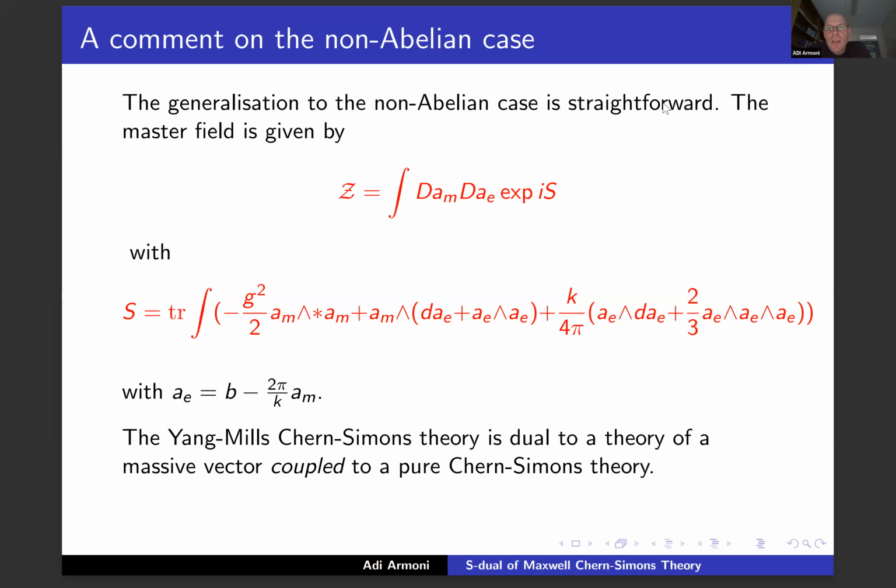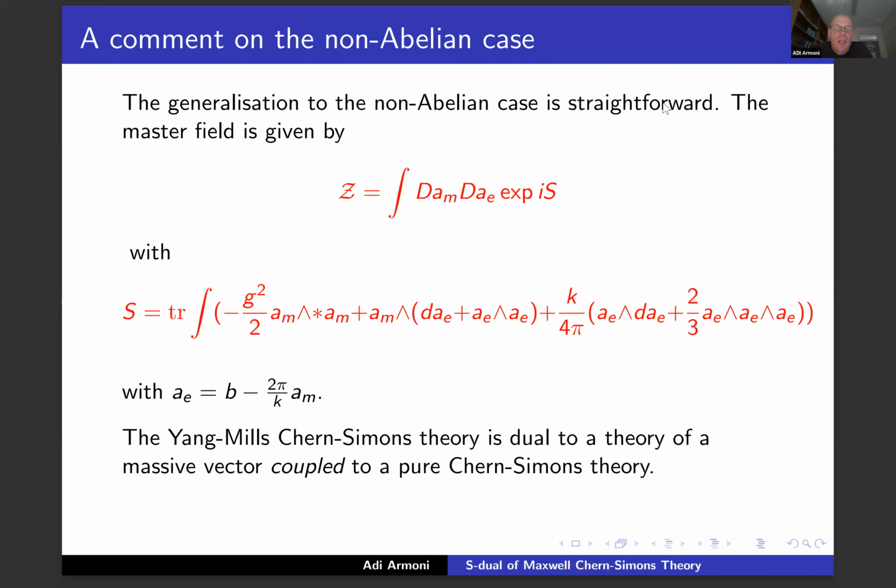And indeed, if we integrate AM, we get the Yang-Mills piece from that. And then the rest of what's written in this line is the level K Chern-Simons term in the non-abelian case. Now, if I want to sort out what is the S-dual, then I should integrate out AE. So again, it's difficult, but I will use the same change of variables as previously.